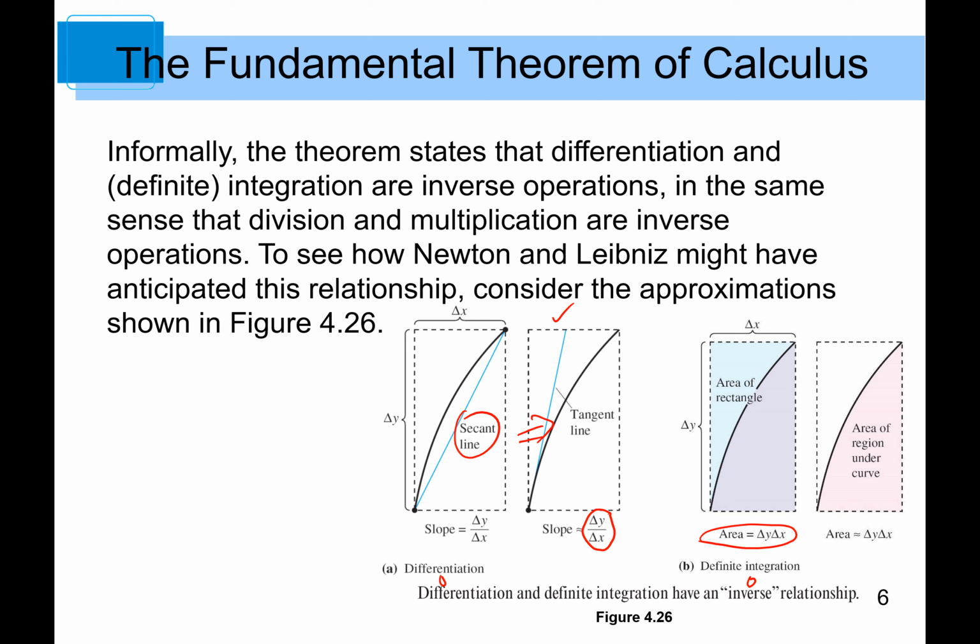And under the fundamental theorem of calculus, the area of the region under the curve was calculated using delta y times delta x approximately, because differentiation and integration have an inverse relationship, meaning it's like multiplication and division. They are inverse operations.